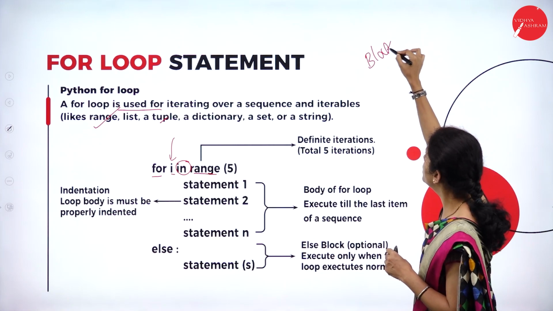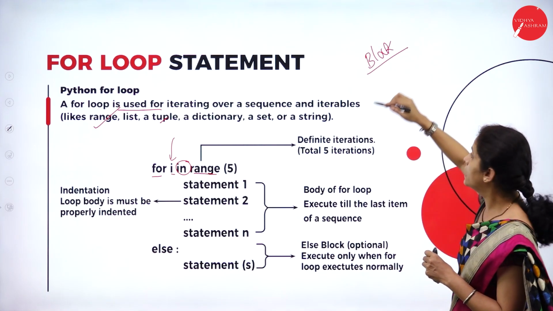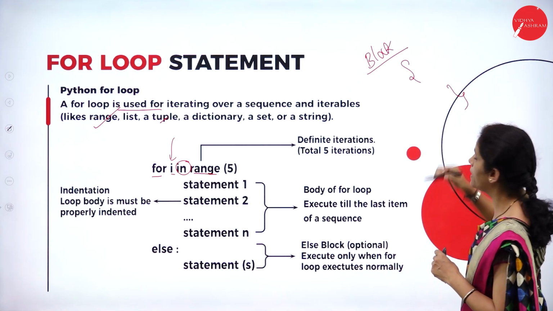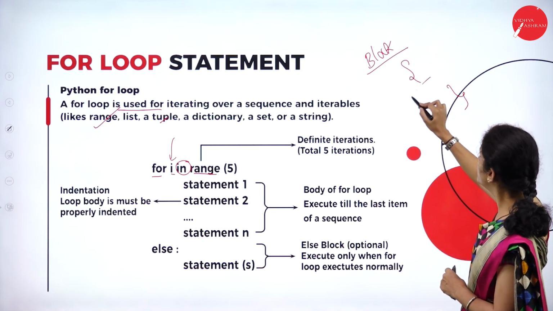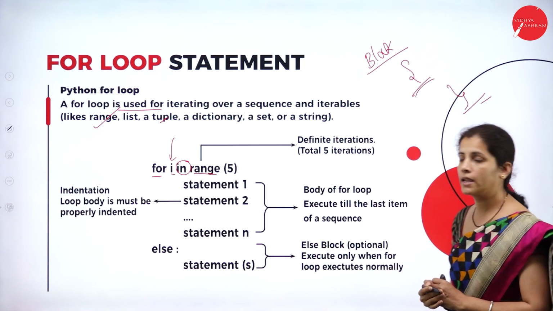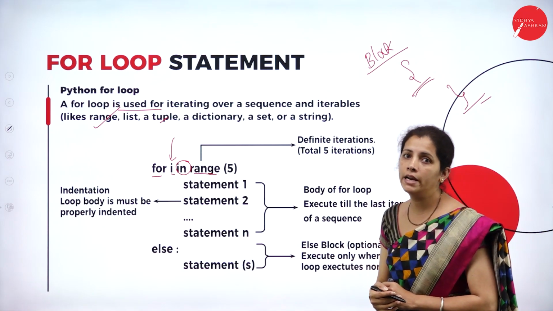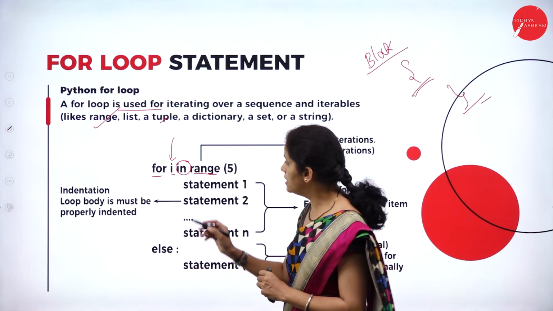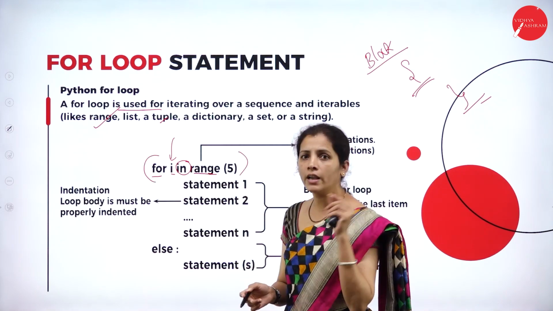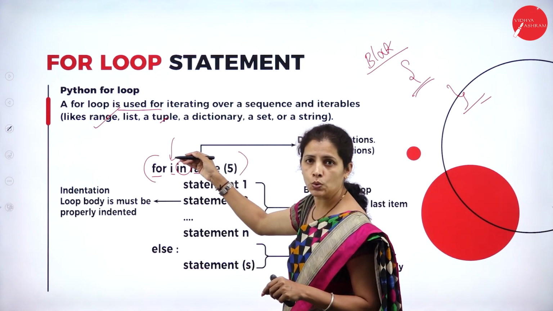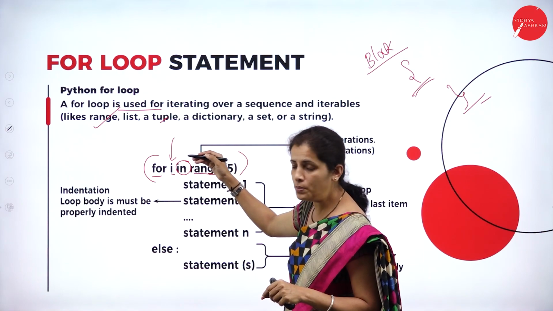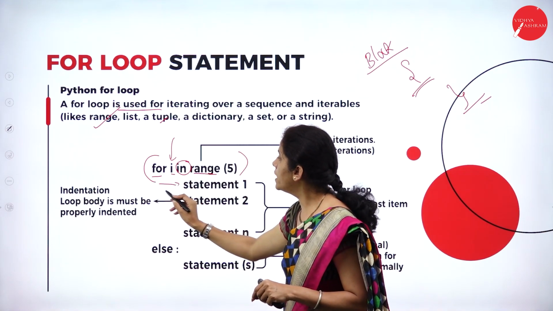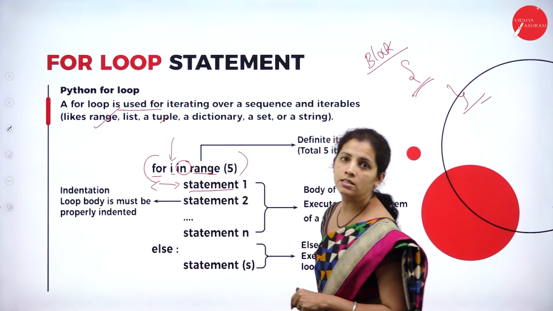And how are we going to write the block? That is within the flower brackets. And here we don't have flower brackets. So here we have indentation. So I want to align the line. See here, this is my condition. If the condition is true, in the sense if this for loop is true, leave one tab and write the statement.